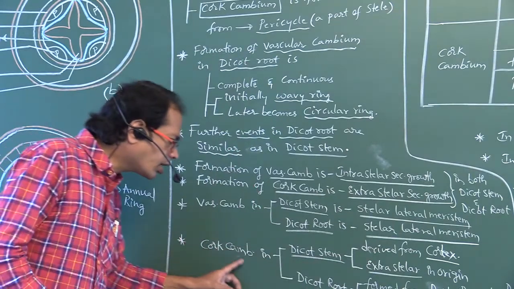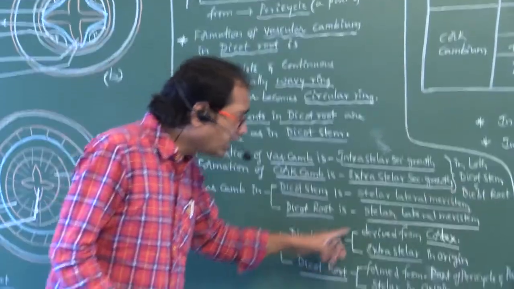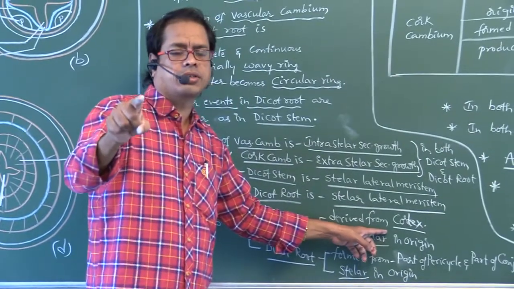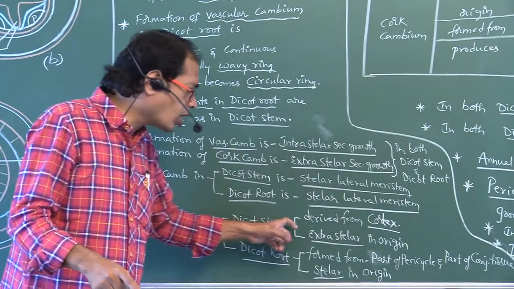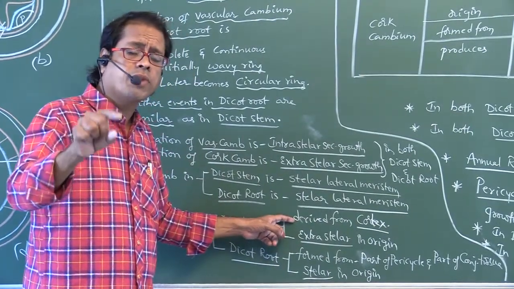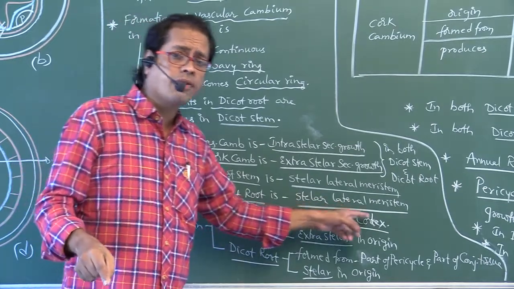Next, cork cambium in dicot stem is derived from, formed from parenchyma cells of cortex.